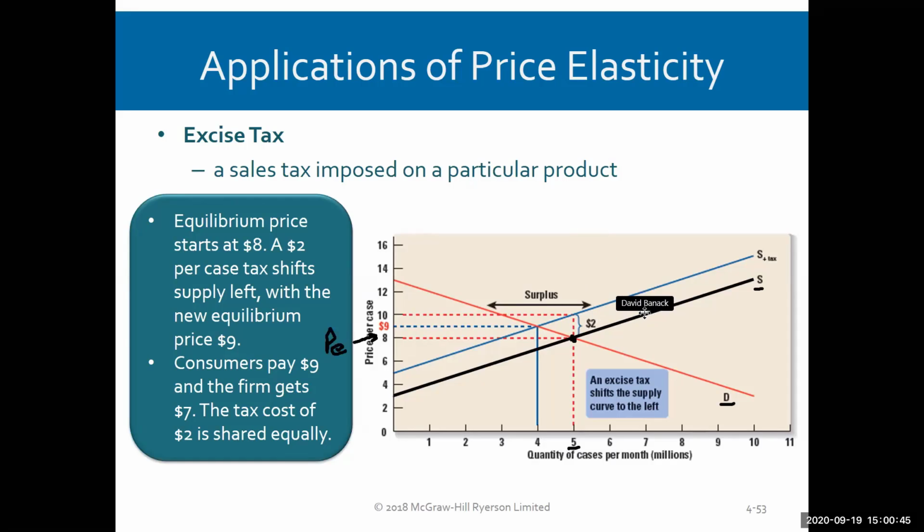Essentially, the producers have to collect that tax. So for every product they sell, no matter what price they used to sell it at, they need $2 more. So it's essentially like shifting that whole supply curve straight up, just like I'm shifting it there. And we end up with this new supply curve called supply plus tax. You notice there's the $2 tax I'm pointing to straight up and down.